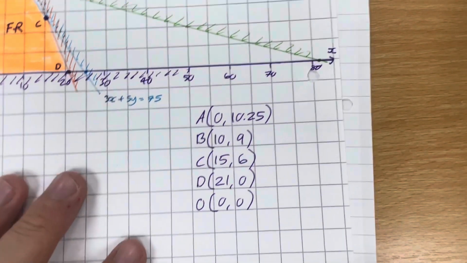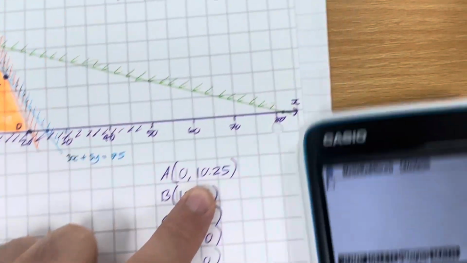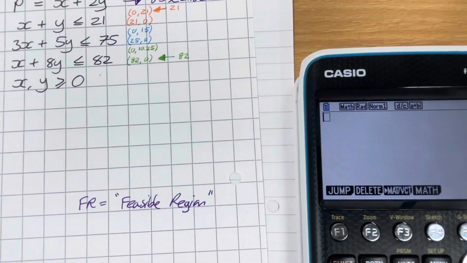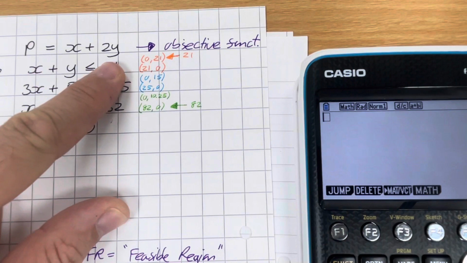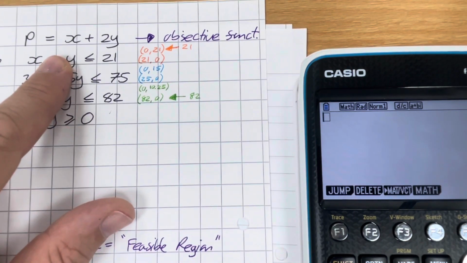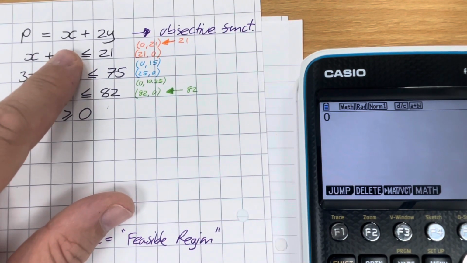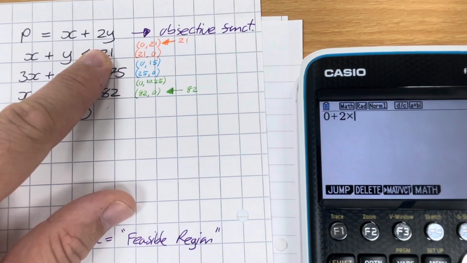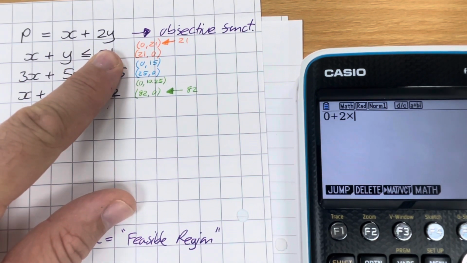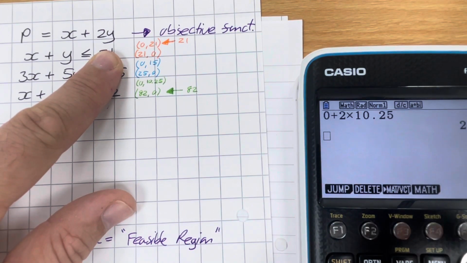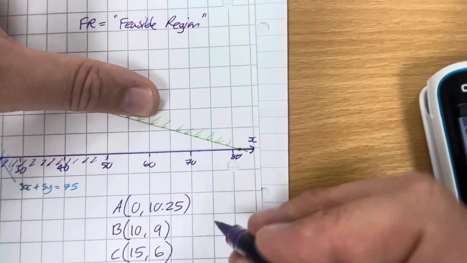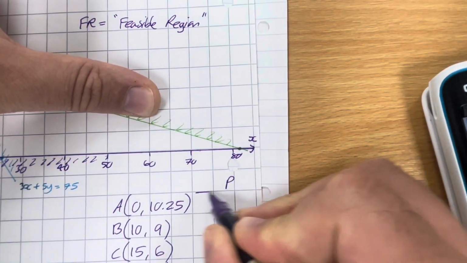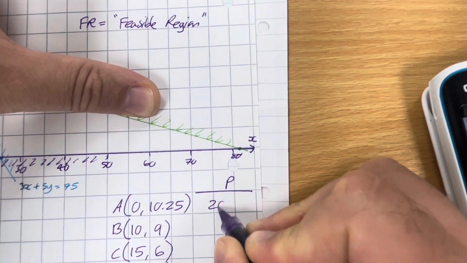So the first one is x is 0 and y is 10.25, and the objective function is x plus 2y. So I'm going to take the value of x, which was 0, times it with 1, plus 2 times the value of y, and the value of y at the point A was 10.25. So that is 20.5. That is the value of p at the point A, 20.5.